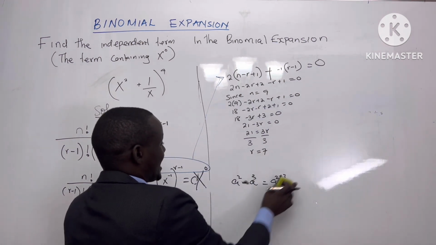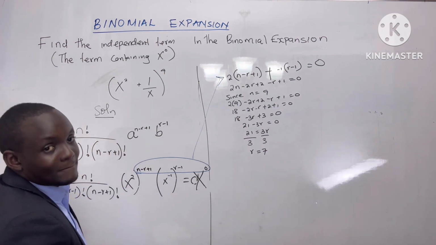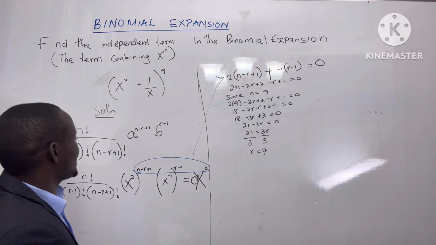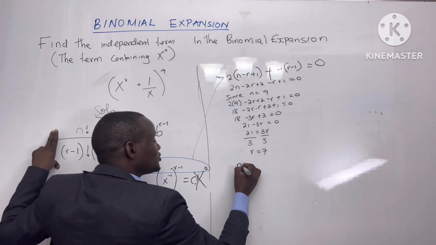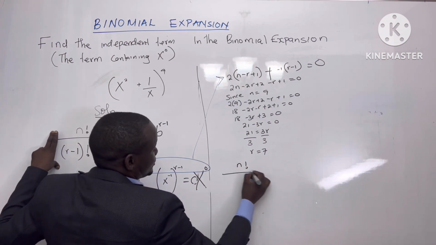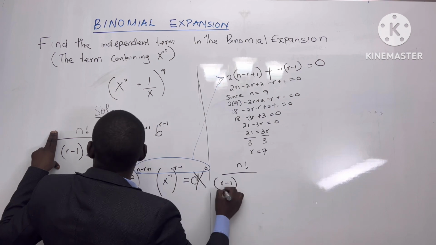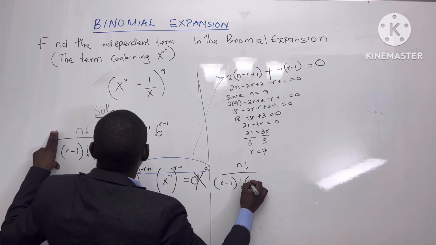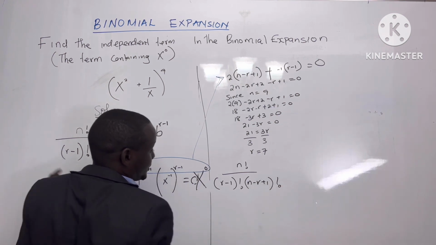So once we know our r equals 7, we can find the independent term, or the independent coefficient. We go back to our formula: n factorial divided by r minus 1 factorial, then n minus r plus 1 factorial.